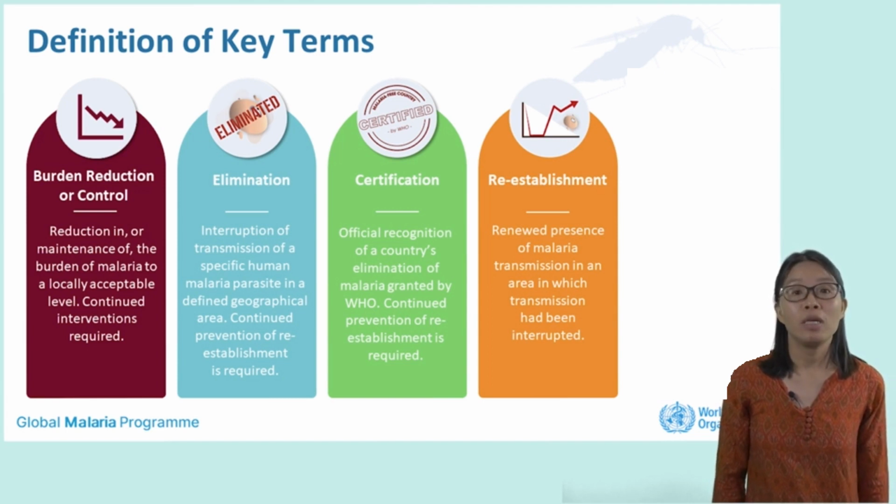At times, people use the term prevention of reintroduction rather than prevention of re-establishment. There are technical differences between these terms, and prevention of re-establishment is the preferred term. We will talk more about re-establishment in Unit 9.